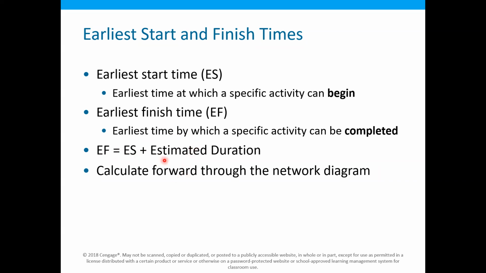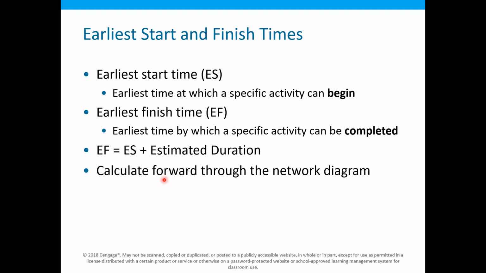So, of course, there is this simple mathematics involved, and we will use it to calculate the duration of the project, in addition to logical relationships between the activities, in which the activities are connected in the form of a network. So calculate forward through the network diagram.